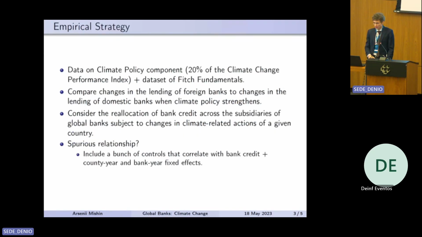The authors collect data on the climate policy component, and this constitutes 20% of the CCPI index. Yesterday we discussed the meaning of this index and some potential perils of using it.